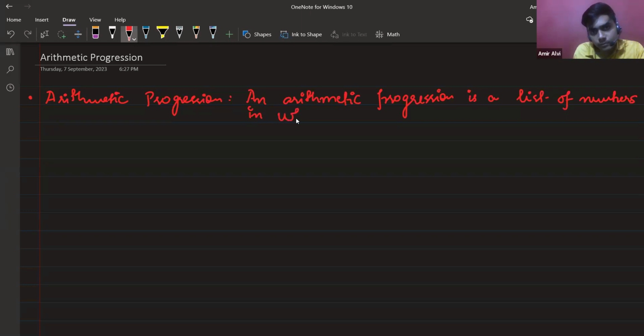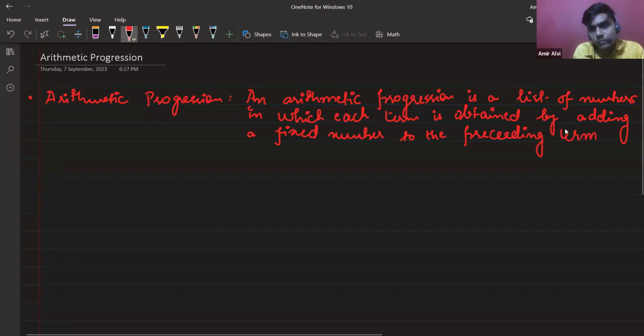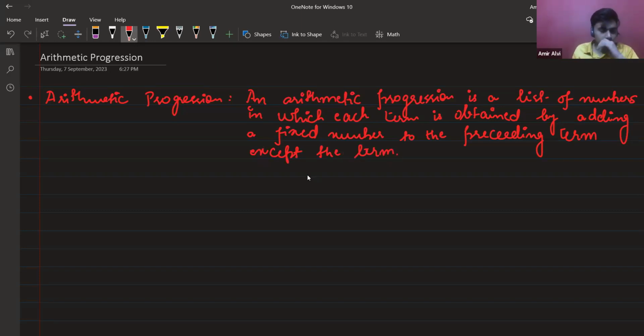In which each term is obtained by adding a fixed number, fixed, constant, you can use any of the words, to the preceding term except the first term. Okay, is that clear to all of you?